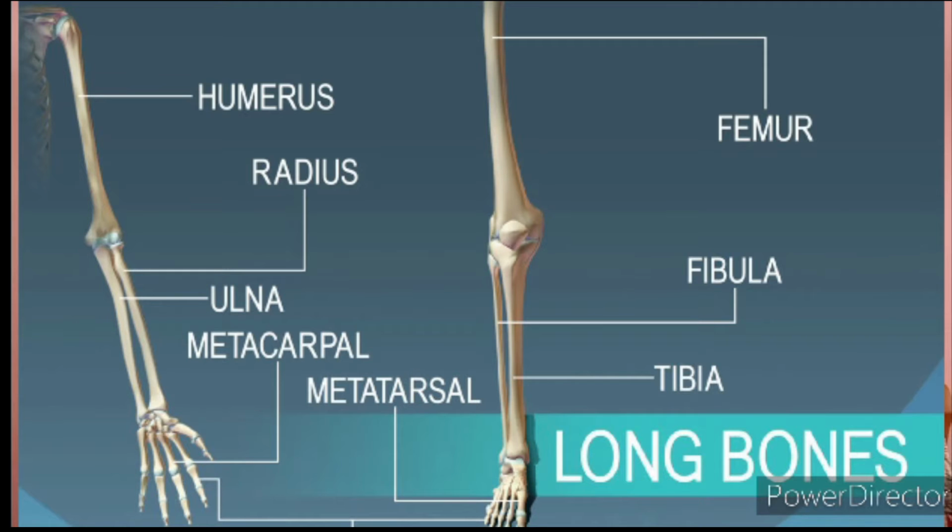Long bones have knob-like, swollen structures at each end. The middle part is known as the shaft. The ends are covered by cartilage, which acts as a shock absorber for the bones.